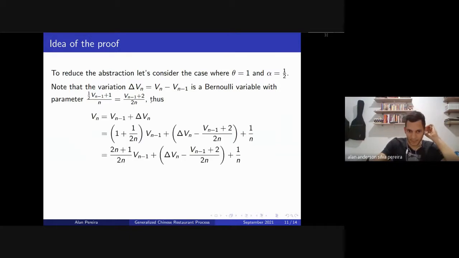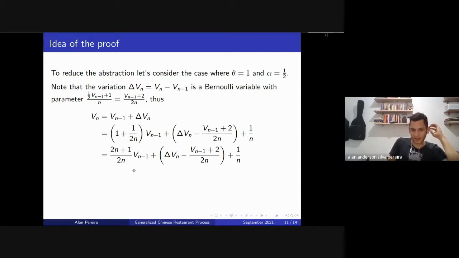Okay. And we can do the simple calculation. We write Vn as Vn minus 1 plus the variation. We substitute the delta and operate on the numbers.